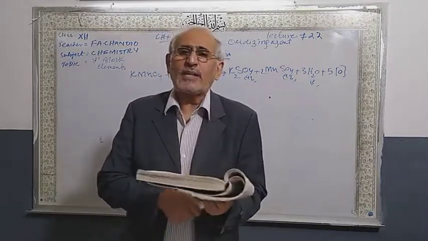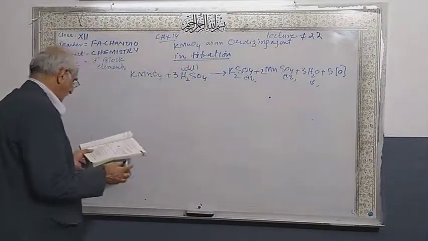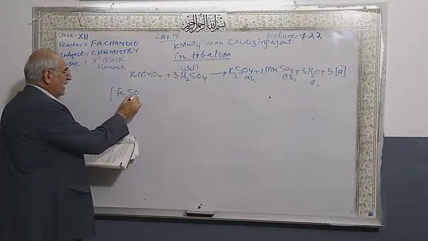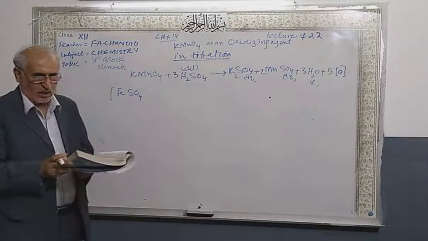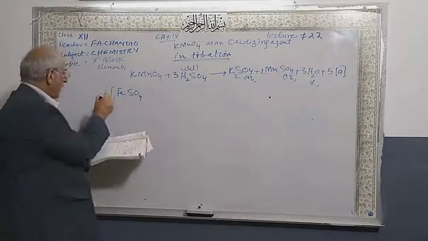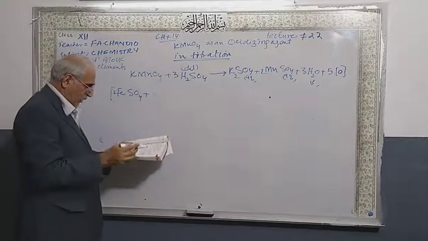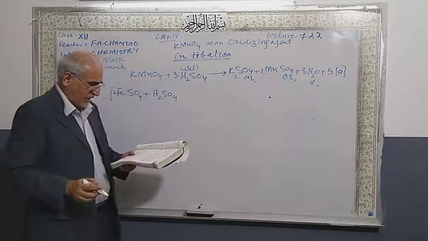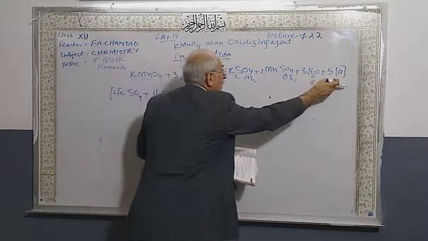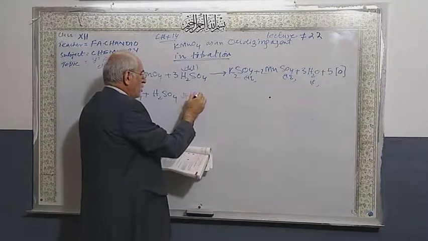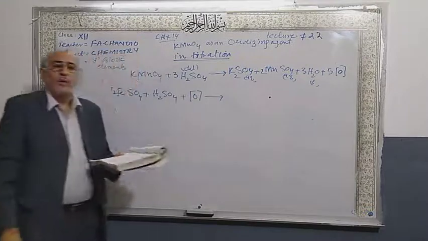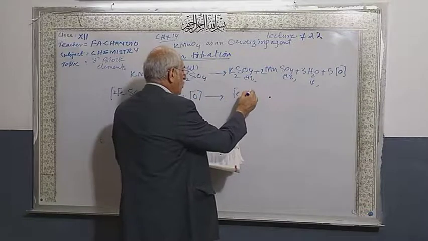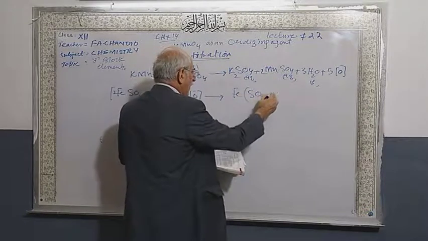It is going to oxidize ferrous sulfate, which is a very light green compound, with dilute acidified sulfuric acid. This nascent oxygen is used to oxidize the ferrous sulfate, and the ferrous sulfate changes into ferric sulfate.